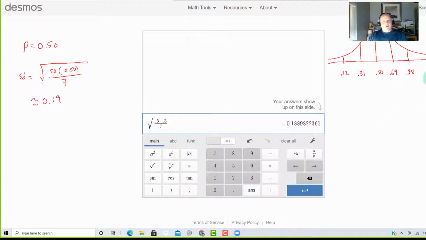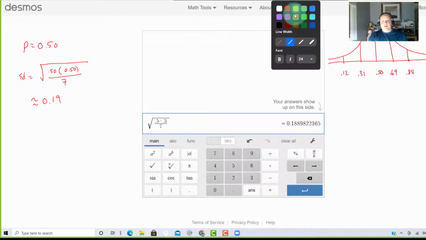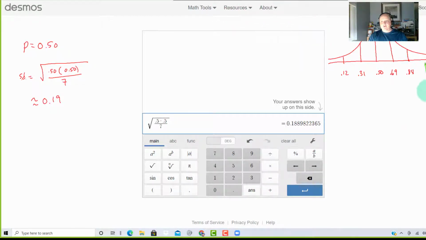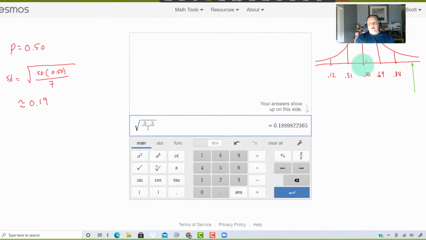Now, remember, if you remember when we were drawing, we ended up with a value of, right up here. Our value was 100%, so 1.00. So what we would need to do is we would need to take our p hat, which is 1.00.